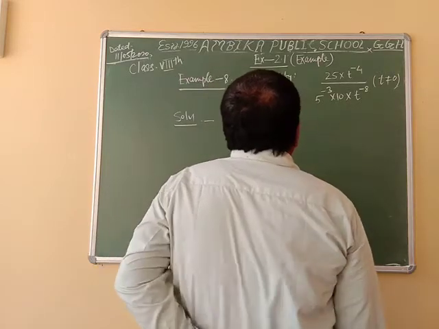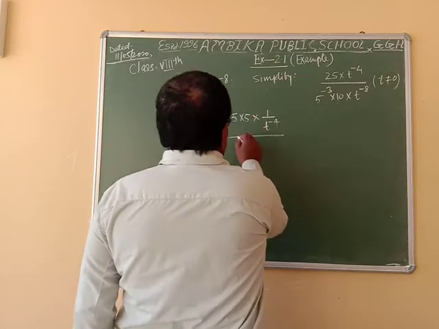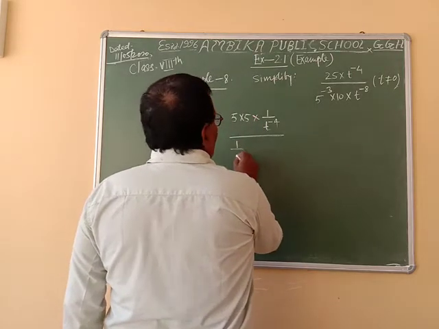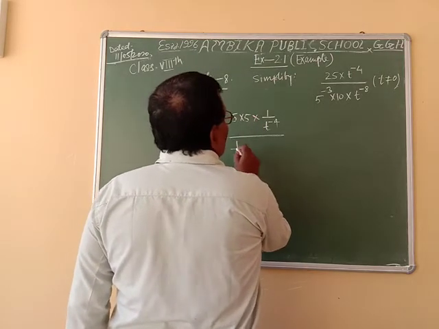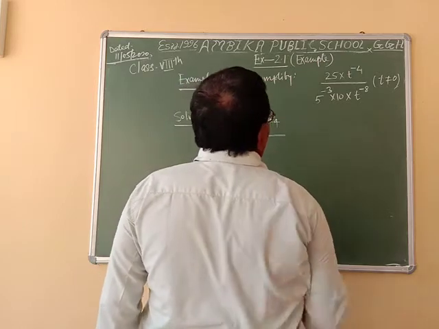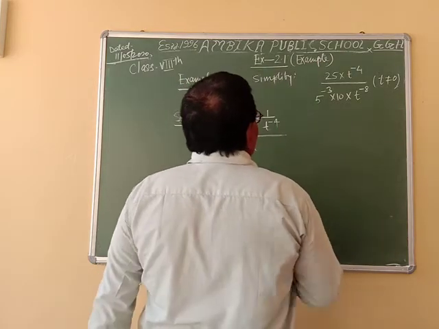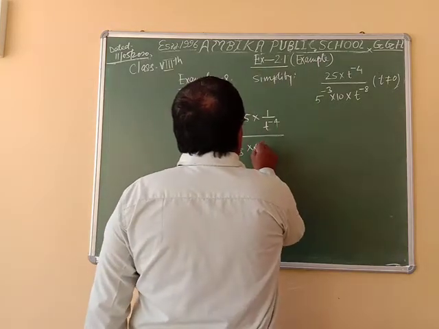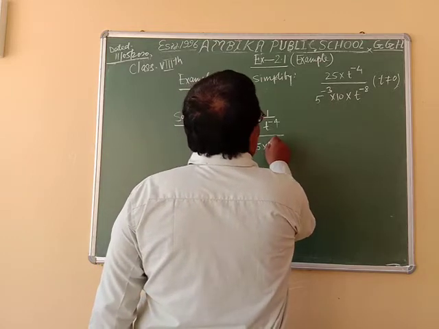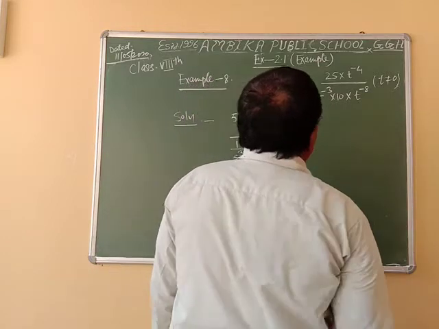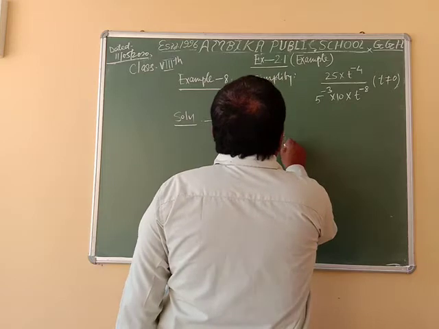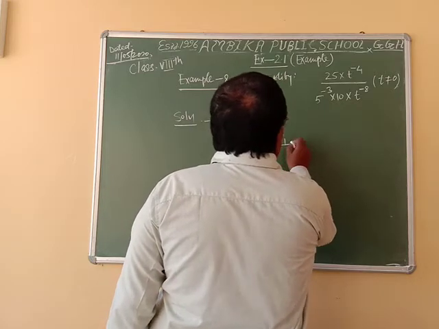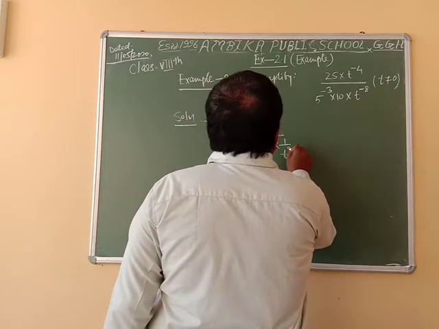For 5 to the power minus 3, we can write 1 by 5 to the power 3 into 10, 5 into 2, into t to the power minus 8, or we can write 1 by t to the power 8.